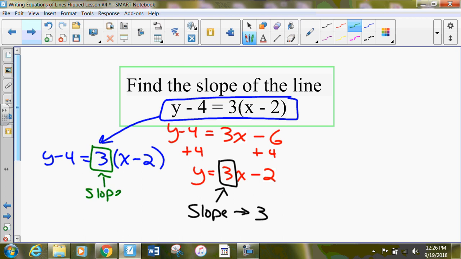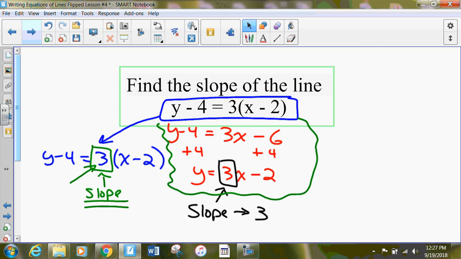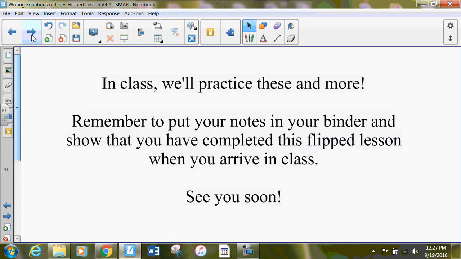So when we see a line in point-slope form like this, we don't have to do all of this work that we just did, because we can say, there's the slope right there. It's 3. Now, if you forget and you go ahead and distribute and put it into slope-intercept form, that's okay. You know what? You didn't waste too much time, and you're going to get the correct answer. But if you can remember, just identify that 3 is actually the slope.